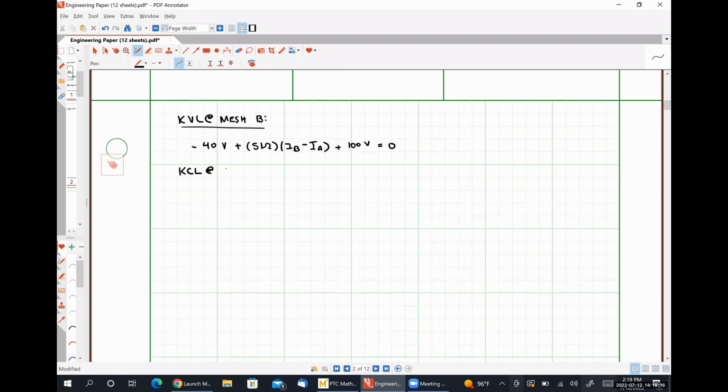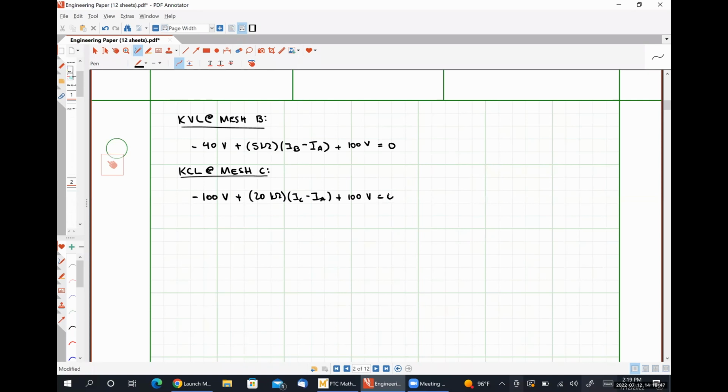Now we'll do KVL at mesh C. So we would see the negative polarity terminal of the 100 volt source that's replacing our capacitor. Then we see our 20 kilo ohm resistor. We're going to have a current of IC minus IA here. Then we see the positive polarity terminal of our 100 volt source on the right hand side.